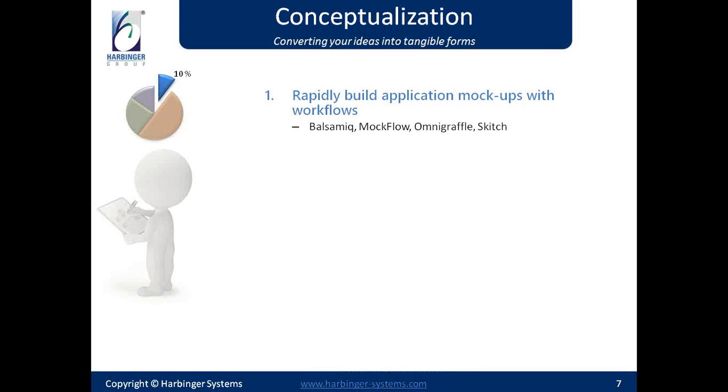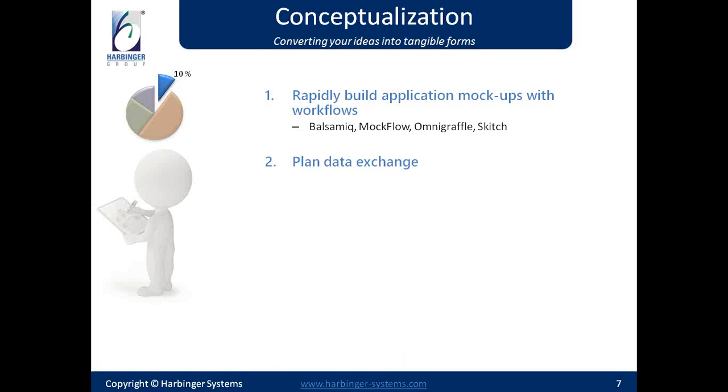Tools like Balsamiq, Mockflow, OmniGraffle, and Sketch would allow you to build mockup screens, connect them, and give you a sense of workflow of how the control would move from one screen to another, thus capturing each and every use case of your application. OmniGraffle works more in the form of Microsoft Visio, where it gives you a sense of multi-directional flows.